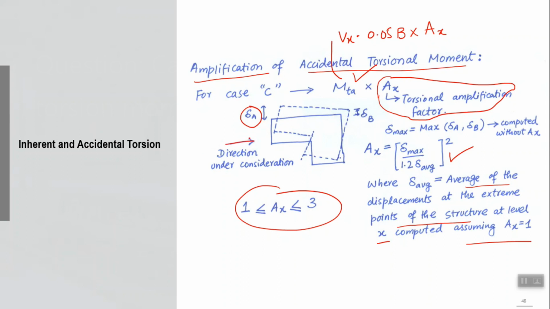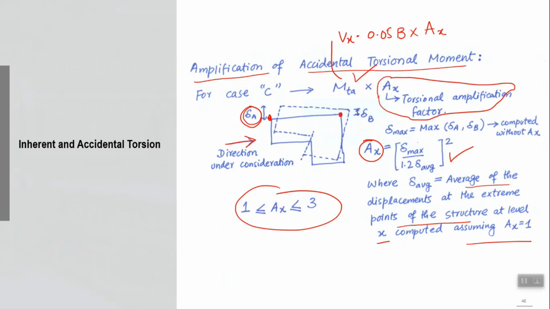So if you are applying forces in this direction, calculate delta A at this corner and delta B at this corner, and take their average also. Then divide the maximum of delta A and B by 1.2 times the average, and take its square. This will be your amplification factor. If it comes out to be more than 3, use 3.